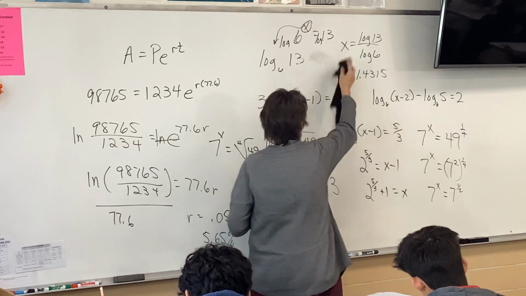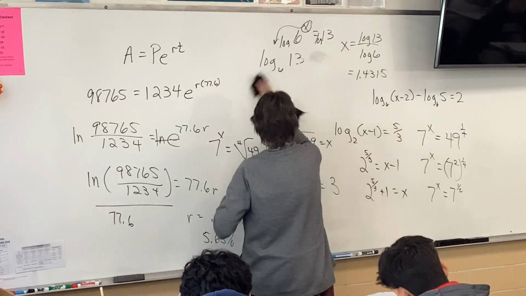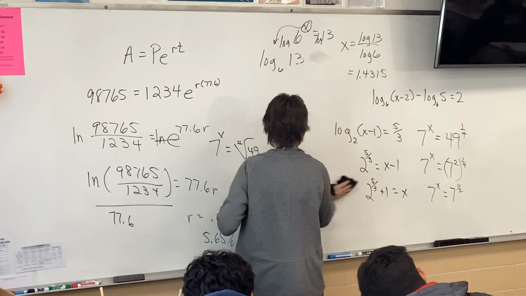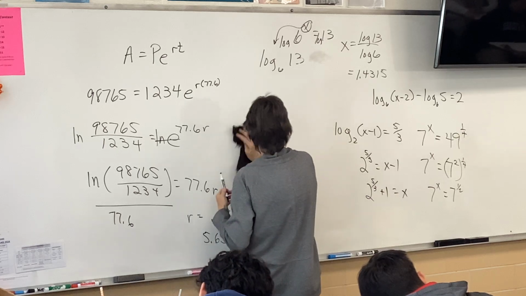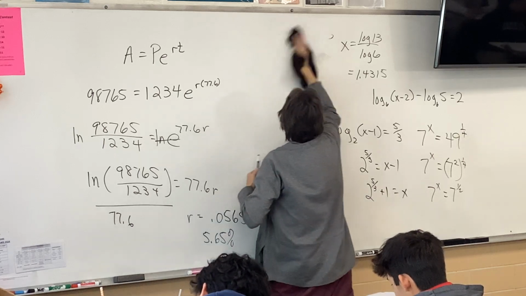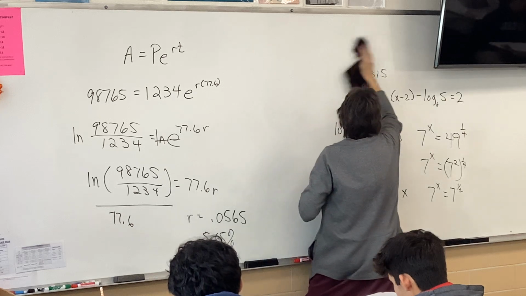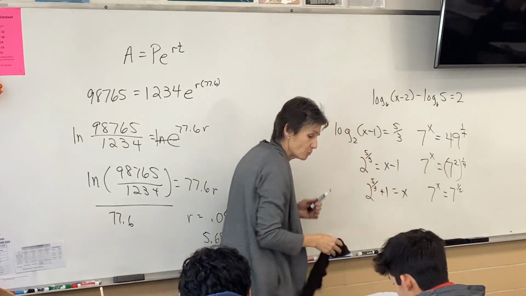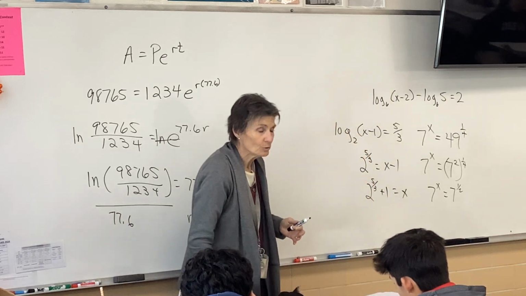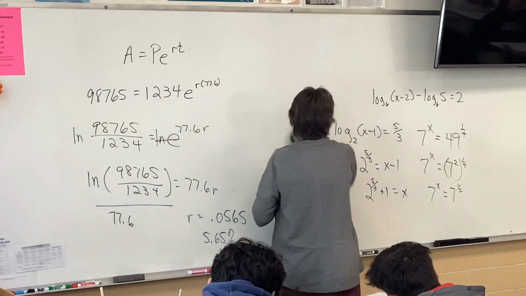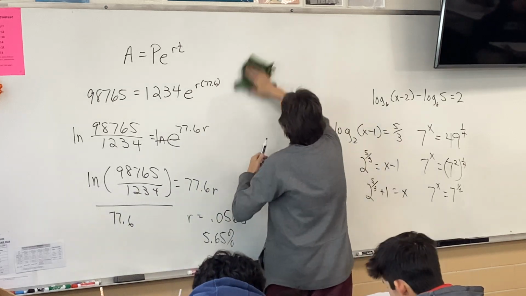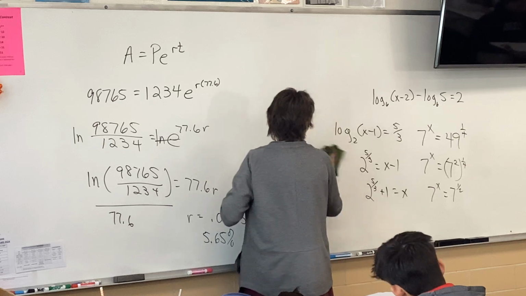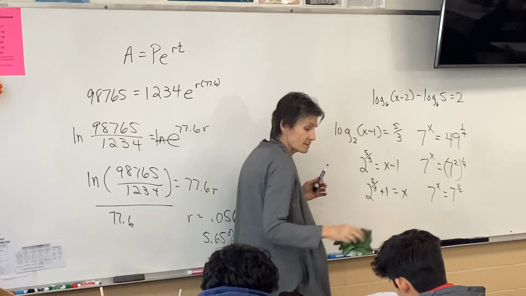And that last one there will loop-de-loop, but not until you do what? Combine them, put them together. Listen to me, guys, you cannot do anything until you have one logarithm. You can't have two on the same side.